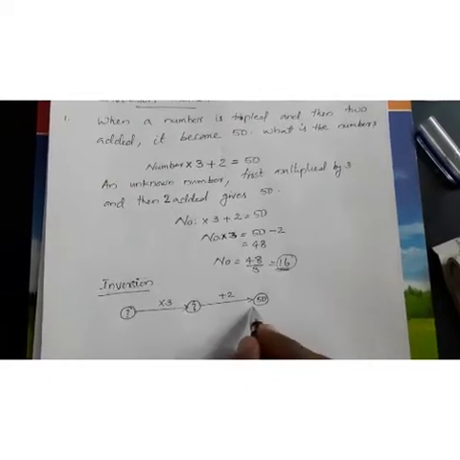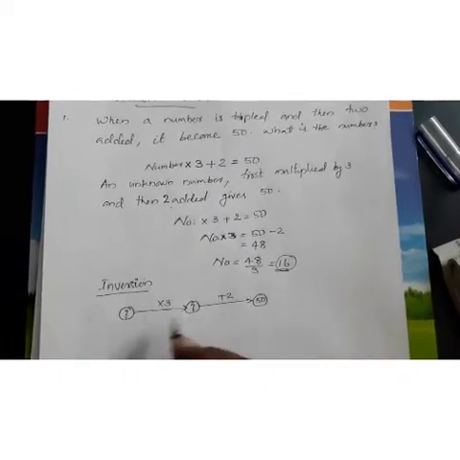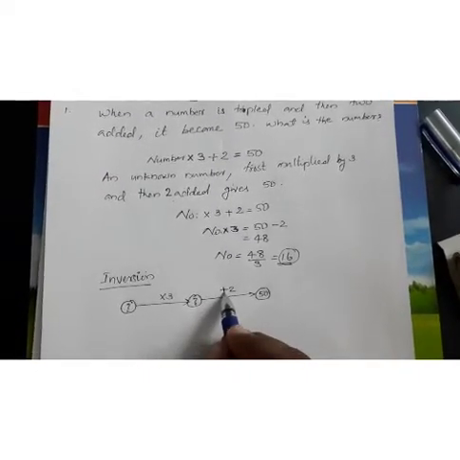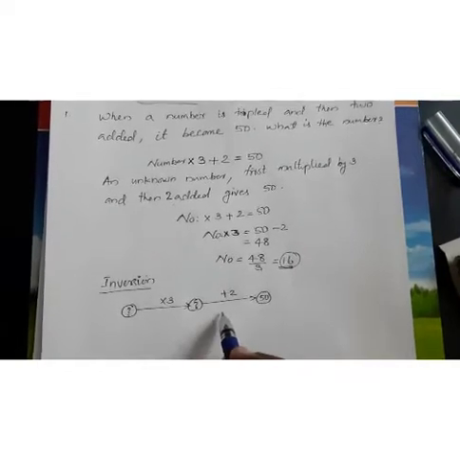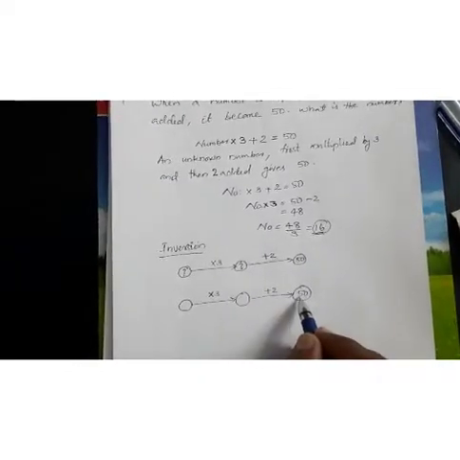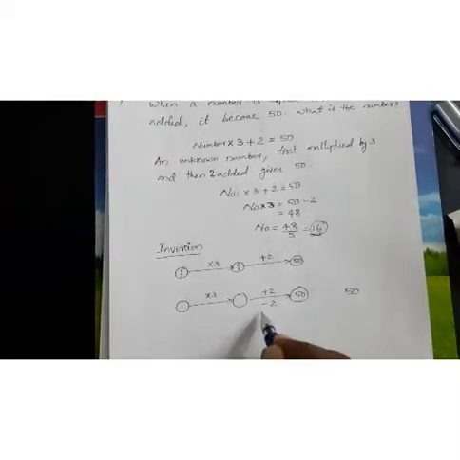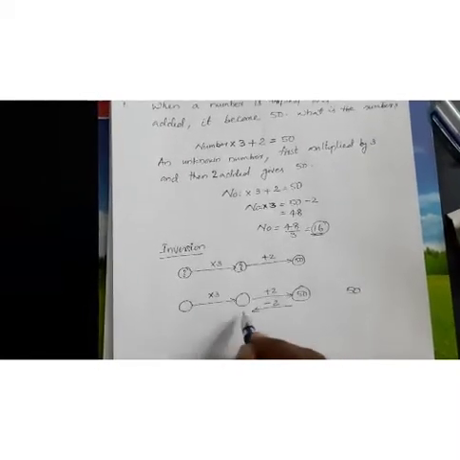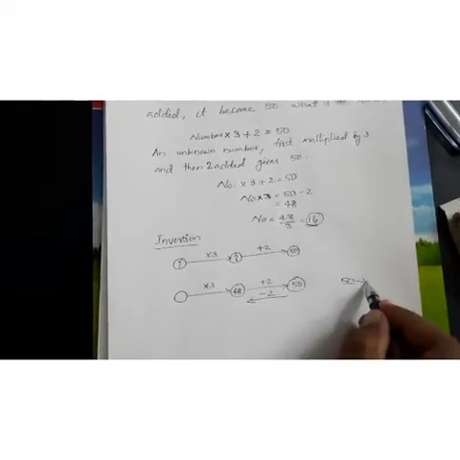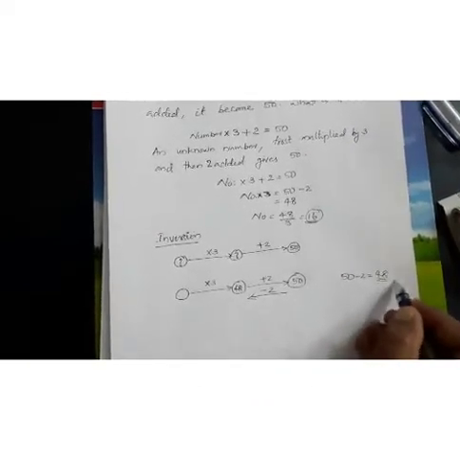What do we have to do? According to the inversion method, addition becomes subtraction. It is 50 minus 2. The answer is 48.